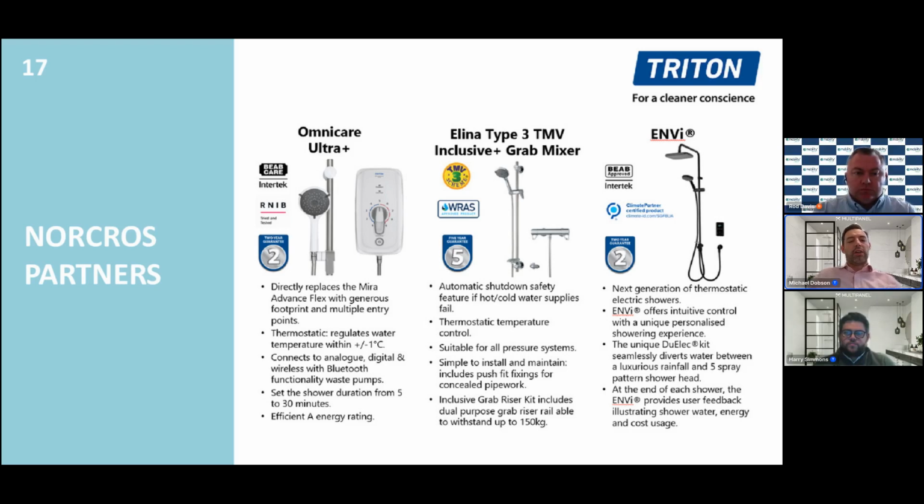So just to highlight some of the solutions commonly used within care home bathrooms from Triton. The traditional one is the Omnicare Ultra, the traditional white box on the wall, which has thermostatic regulation to within 1 degree, and is highly energy efficient.